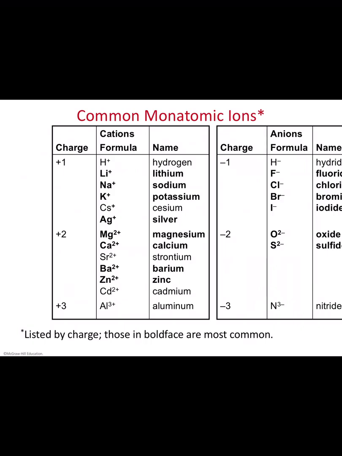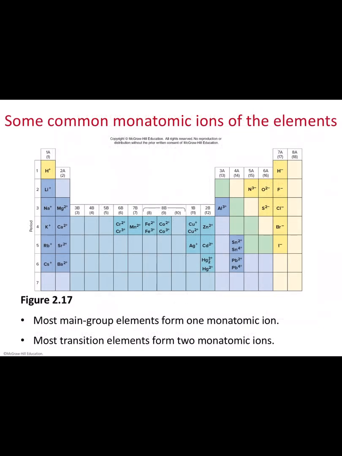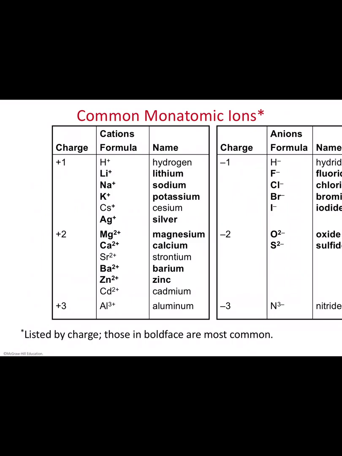These are some of the common monoatomic ions. These are some common +1 charges. You can see all of these up to cesium are in group 1.